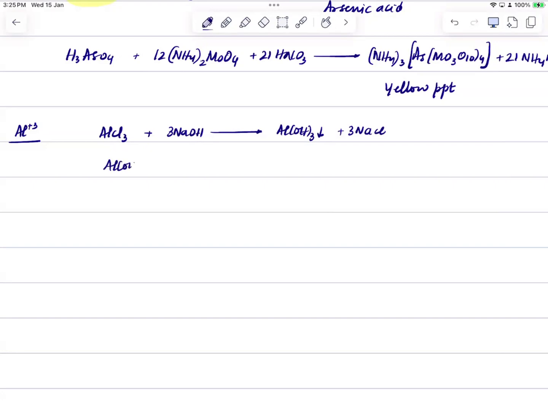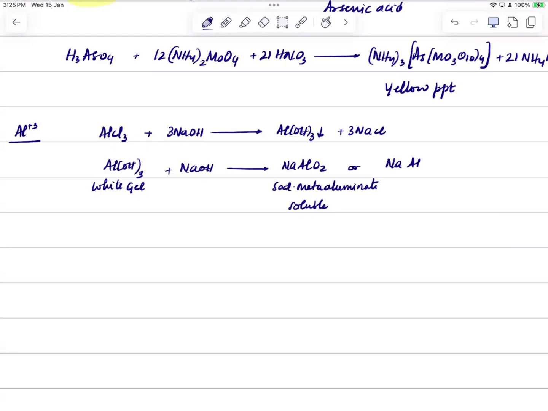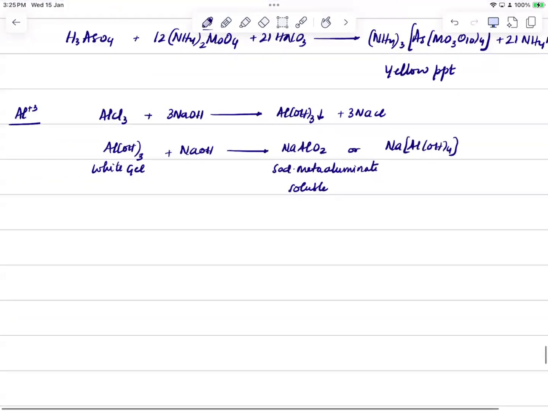Now this is a white gelatinous precipitate, and if you add excess NaOH, it will become a soluble form as NaAlO2, which is sodium meta aluminate. And sodium meta aluminate is a soluble salt form. Or you can also write this as Na[Al(OH)4]. So either way you write it is the same test. Clear?